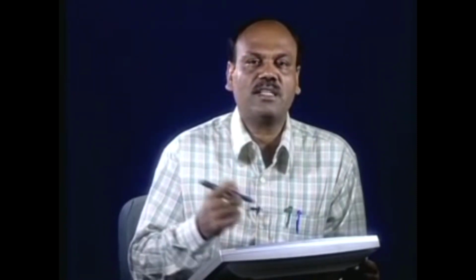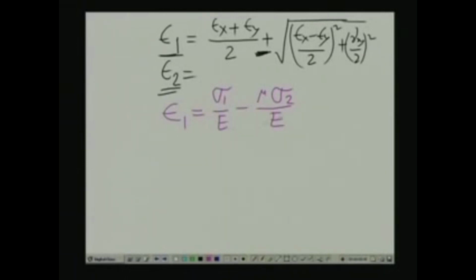As I told you last time, the direction of the principal stress and the direction of principal strain coincide. So, we can compute the principal strain from the principal stresses in this form, and likewise epsilon 2, the strain in the minimum stress direction, is equal to sigma 2 by E minus mu sigma 1 by E.